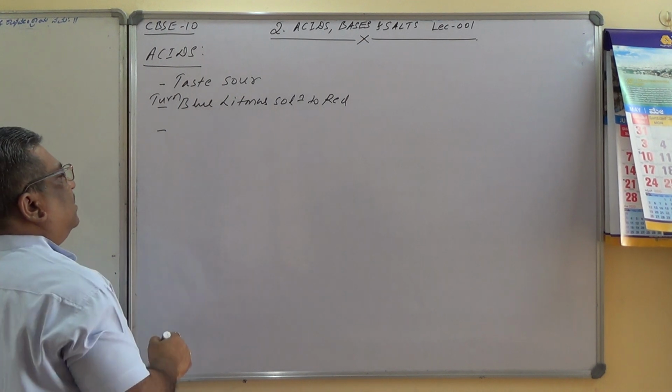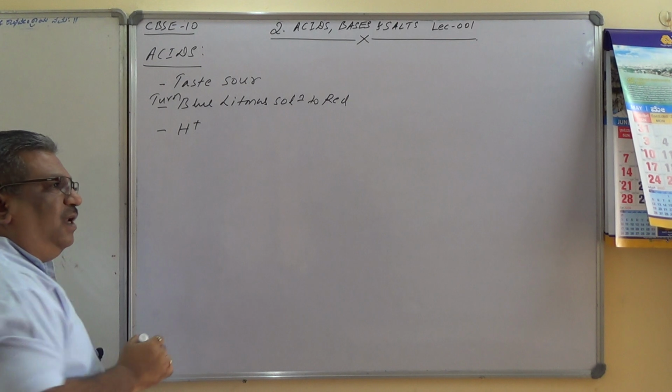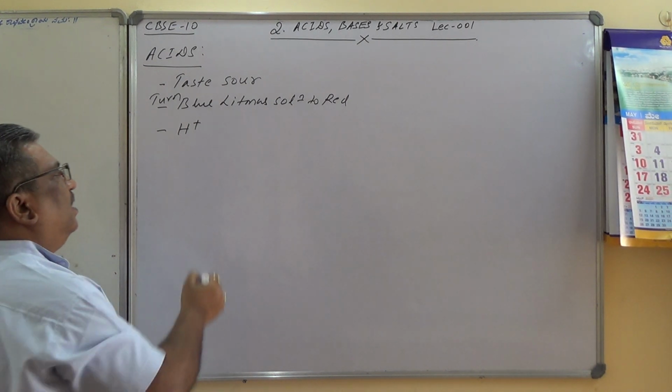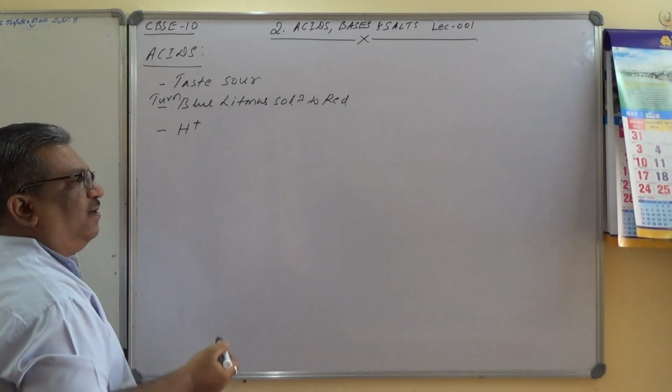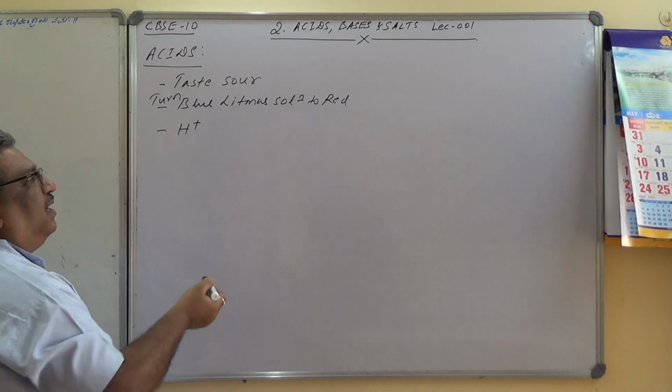And these are the substances which give H plus ions as the only cations in aqueous solutions. They release H plus ions as the only cations in aqueous solutions, or H plus ions as the only positively charged ions in aqueous solutions.